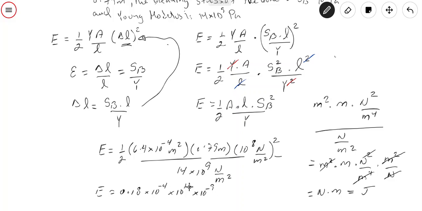So 10 to the negative 4 times 10 to the negative 9 is 10 to the negative 13, and 10 to the negative 13 times 10 to the 16 would be 10 to the third. So this would be 0.18 times 10 to the third power, what? Joules, right? So this is in joules. So we can say that the energy is, when you multiply 0.18 times 10 to the third, 180 joules.